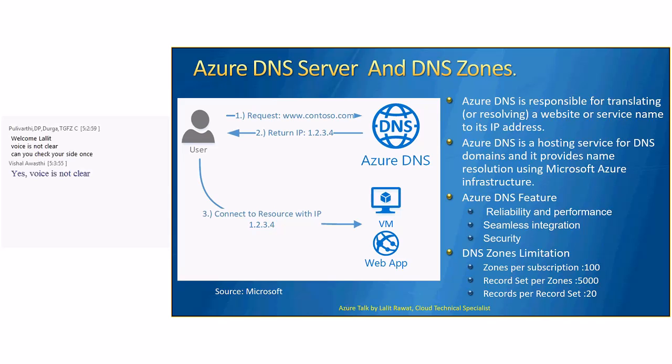So we can say it is software as a service as well. Apart from that, the features Azure DNS provides are reliability, performance, and seamless integration. You just have to click, and then you will be able to create things.